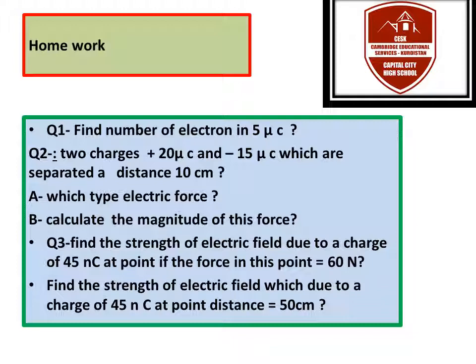Don't forget this is nano, you have to multiply by 10 to power negative 9, and divide by 50 centimeter, which is 0.5, and it will be squared. I think that's all for today.